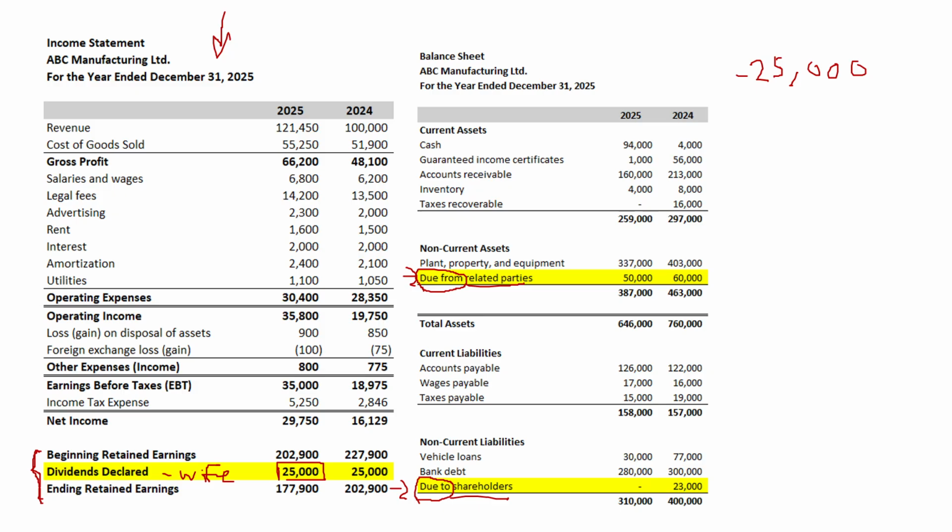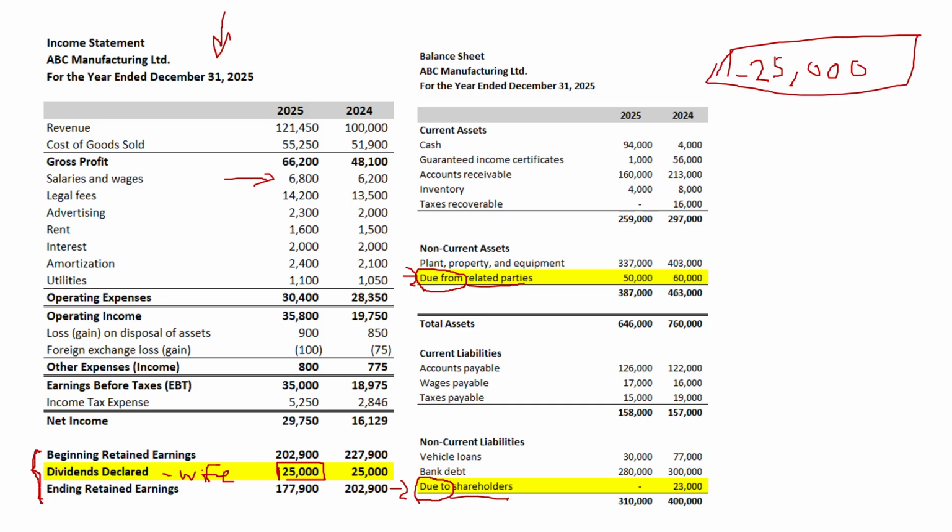Depends if any of the salary up here is also being paid to yourself. But it's a way for you to extract money out of the business into your own account if you're a business owner. So that's the most easy distribution part, the dividends.